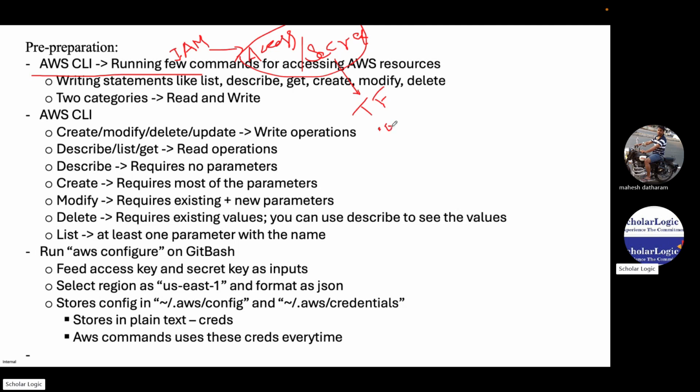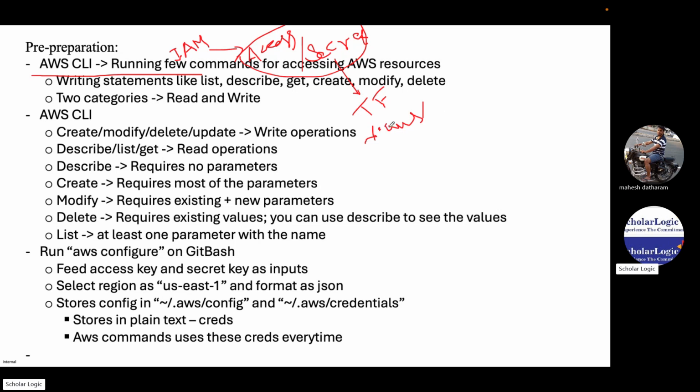Where is the dot AWS folder? It is inside your home directory: tilde slash dot AWS slash credentials and tilde slash dot AWS slash config.